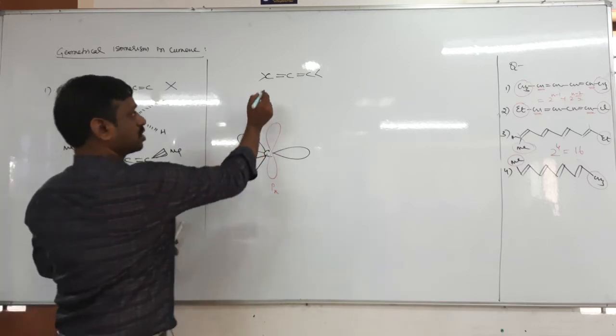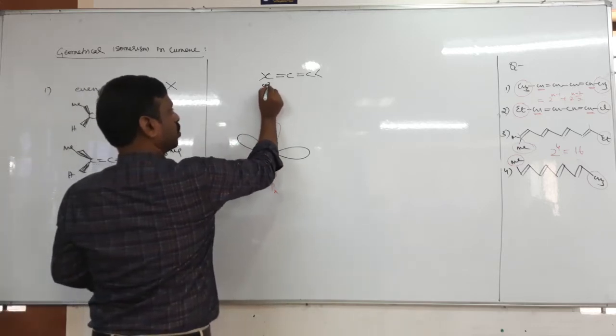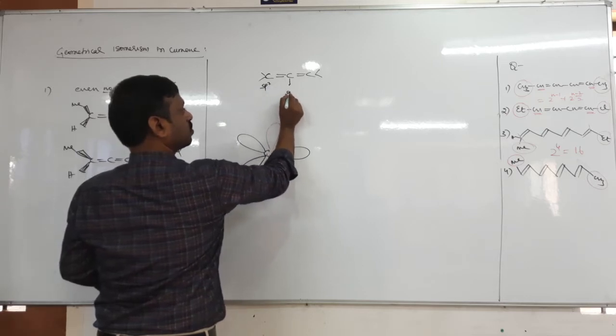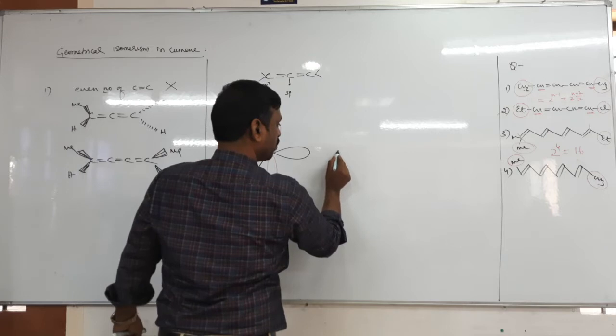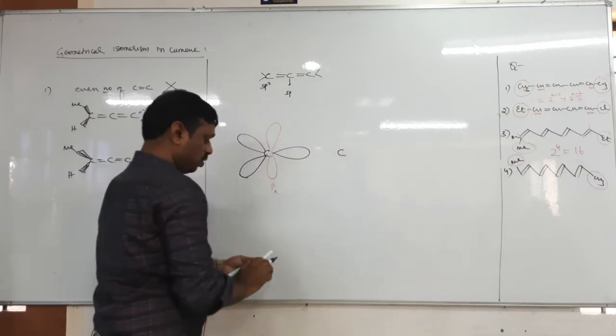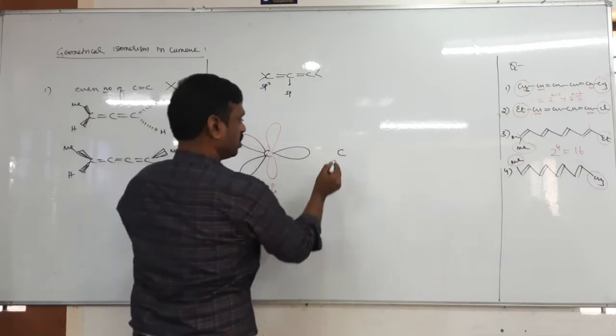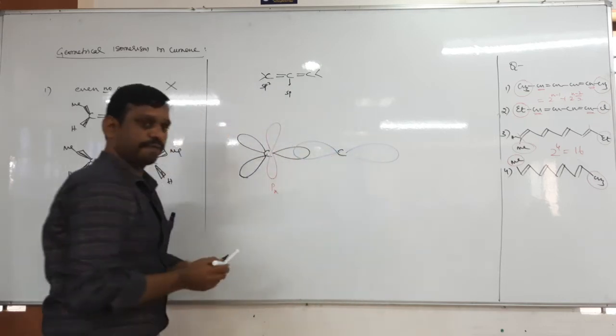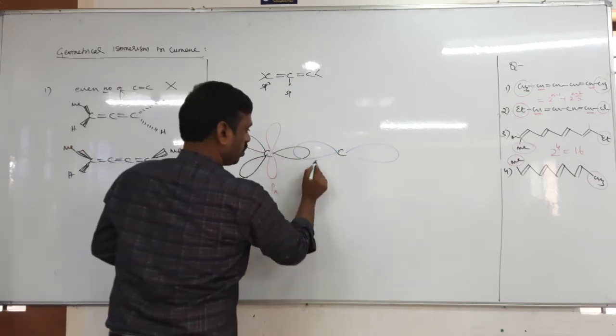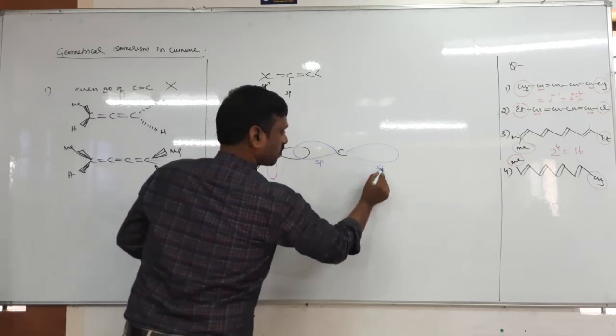Next, this is carbon 1, it is sp2. This is carbon 2, it is sp. If this middle carbon undergoes sp hybridization, it forms 2 sp, one sp and another sp. Therefore it is sp, right?